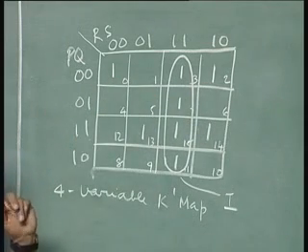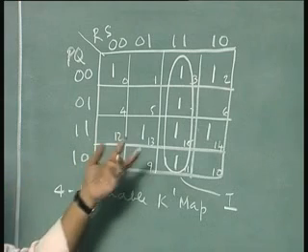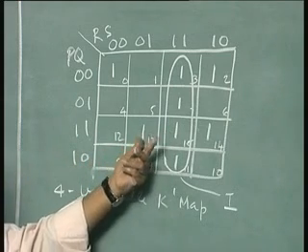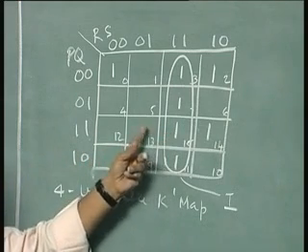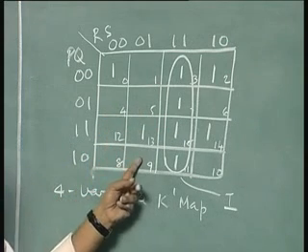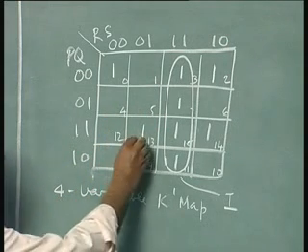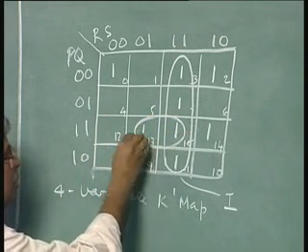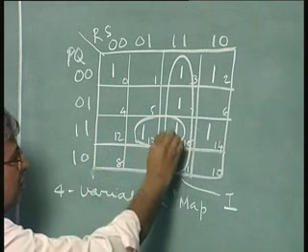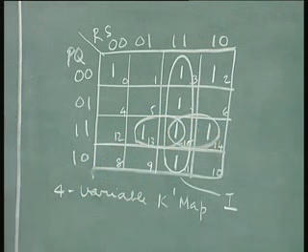All of them will be combined. I can't see this one being combined in any way other than this, because all other adjacent cells are blank. So this has to be combined this way. So is the case here.